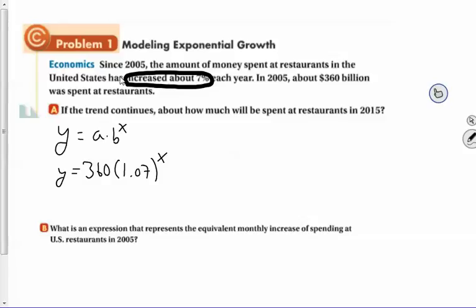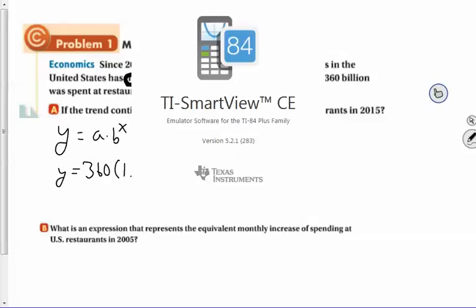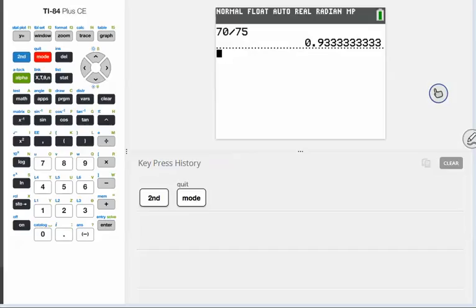Now I'm going to figure out how many years it is from 2005 to 2015. That's 10. So I'm going to do 360 times 1.07 to the 10th power. Let's do that in our calculator real quick. I'm going to open up this calculator, let it load up.